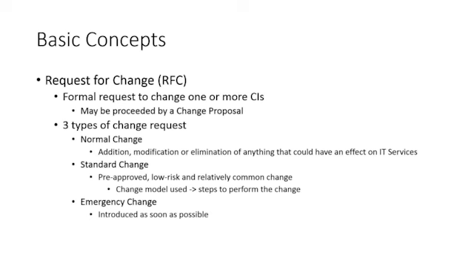A standard change is a pre-approved, low risk, and relatively common change, all right? So nothing way out there, but it is pre-approved, relatively common. In software development, it could be, oh, well, we need to change this process a little bit here, or let's change the way we do this right here, or maybe this process needs to come before this process.